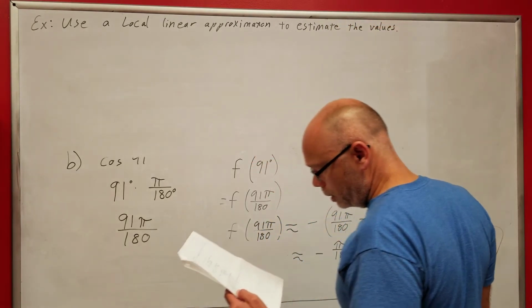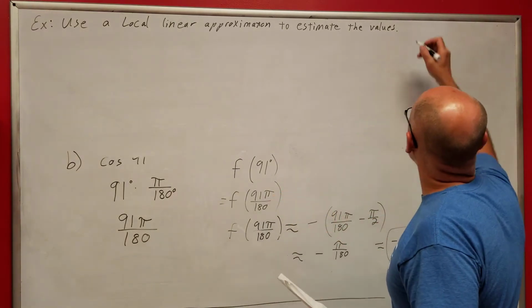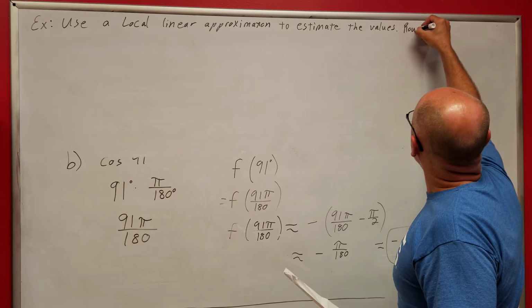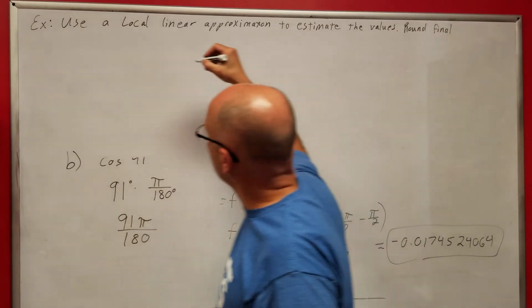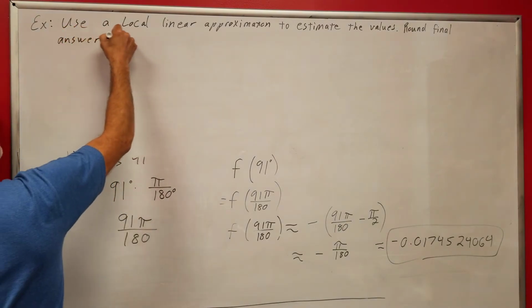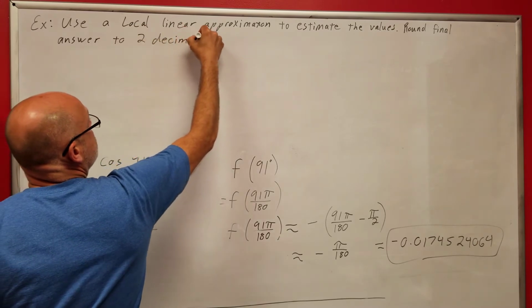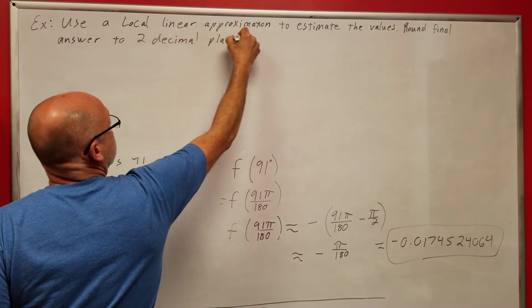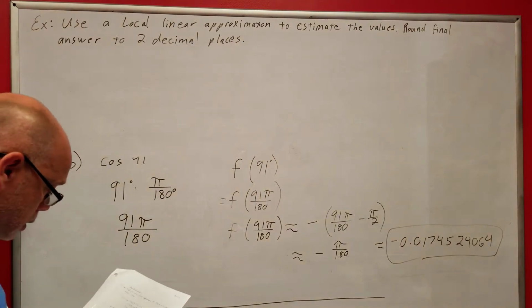And let's go ahead and put round final answer to 2 decimal places. And just be careful, whatever they tell you to round to, use that amount.